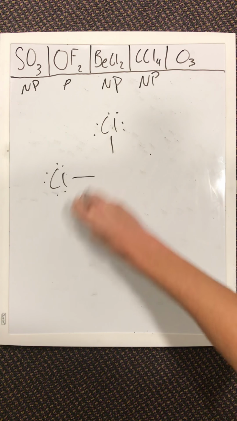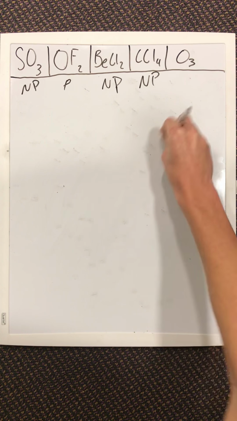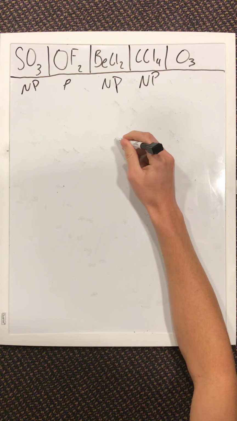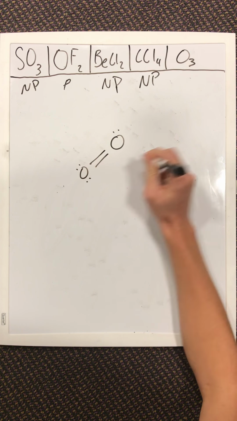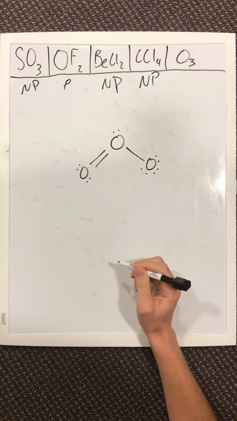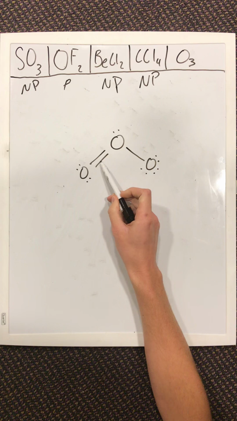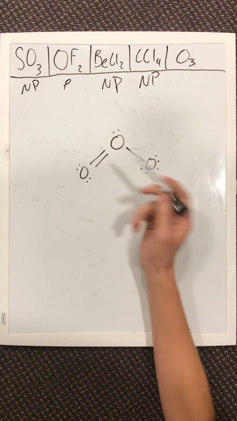Last one, here we go. Our last molecule is O3, which is a little quirky. It experiences resonance as well, so this double bond in your Lewis structure could be drawn here.